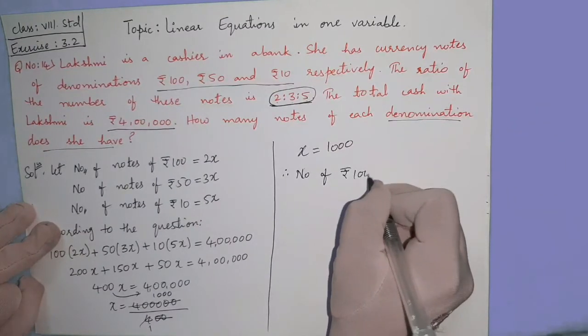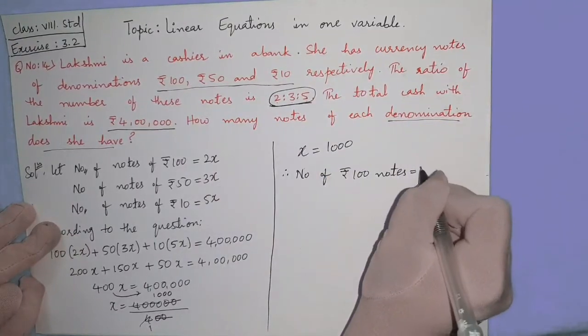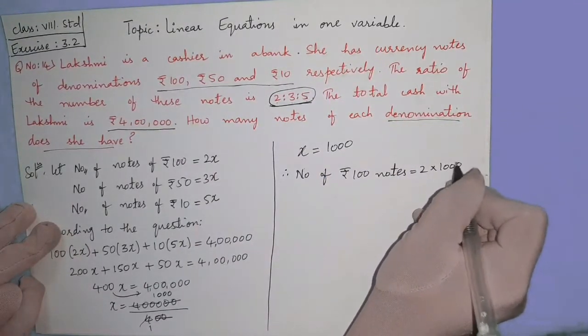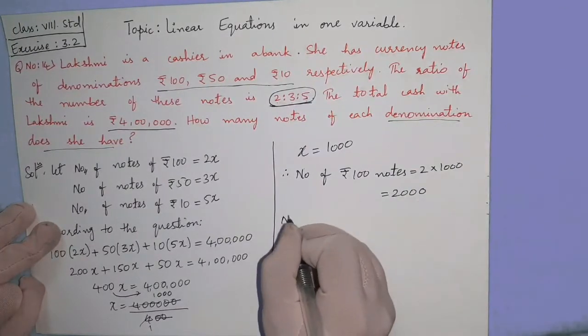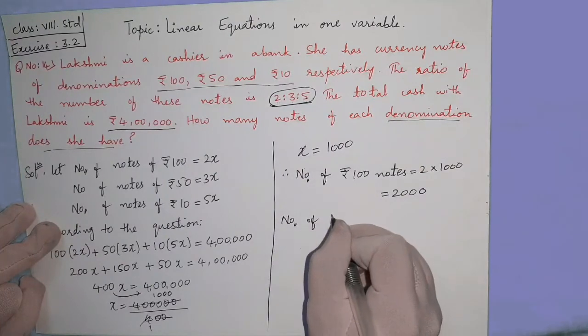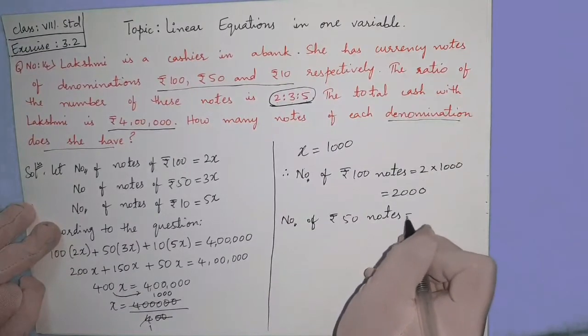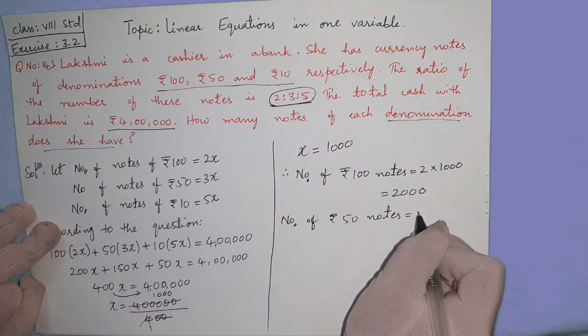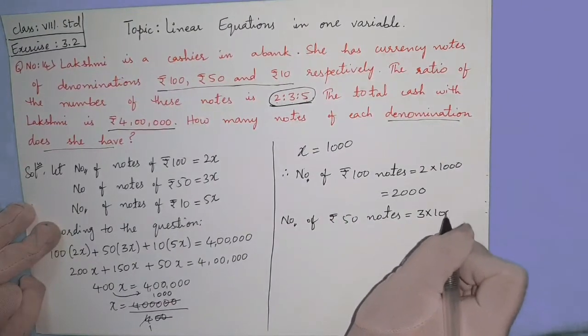Then therefore the number of rupees 100 notes, तो 100 के कितने notes होंगे, it is 2x मतलब 2 into 1000. So उसके पास 2000 notes हैं जो 100 के हैं. Then the number of rupees 50 notes, 50 के कितने notes रहेंगे उसके पास, that Lakshmi will have 3 into, it is 3x मतलब 3 into 1000.